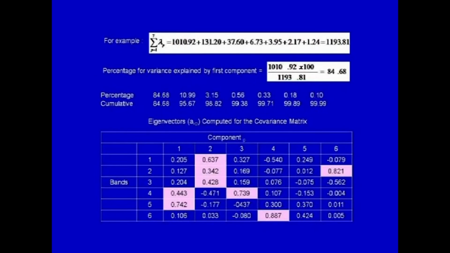The matrix below shows the eigenvectors which have been obtained from the covariance matrix, and it shows the relationship of each of the original data sets to the components. If one focuses on the highlighted areas, we find that component 1 has greater weightage of information coming from bands 4 and 5, while component 2 has greater weightage coming from bands 1, 2 and 3, while the third component has major contribution coming from band 4 and so on.